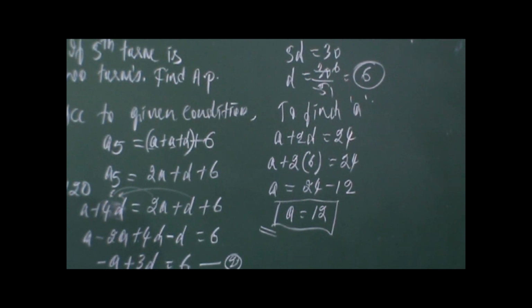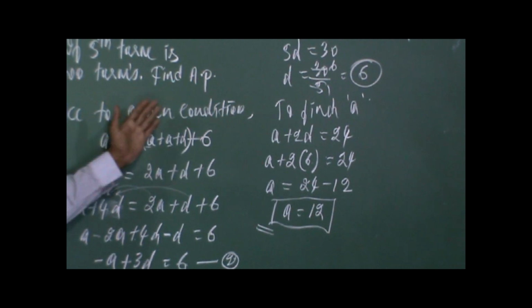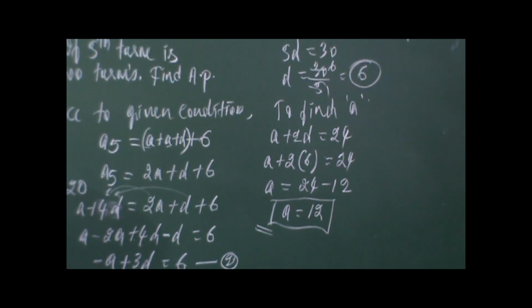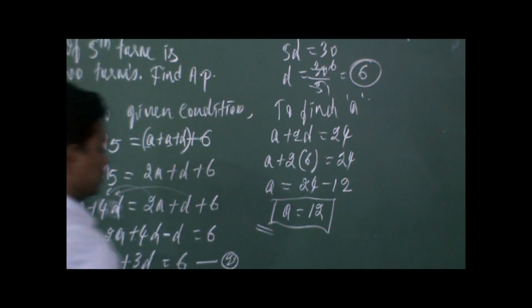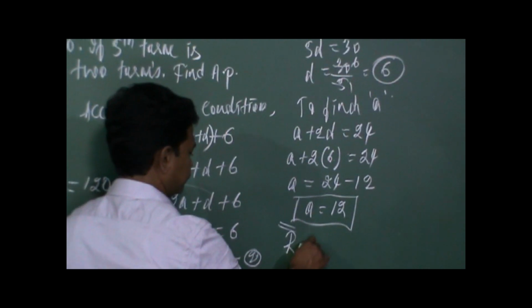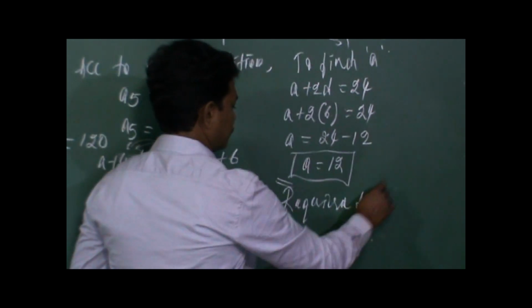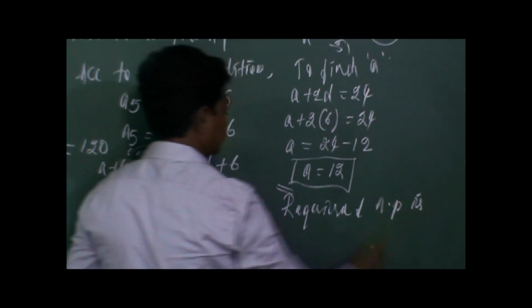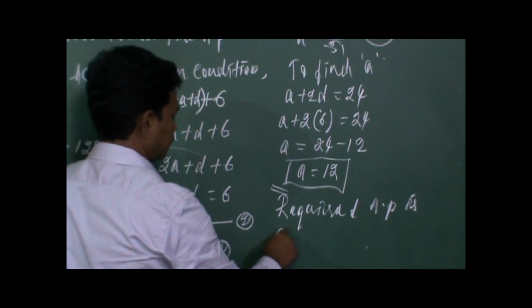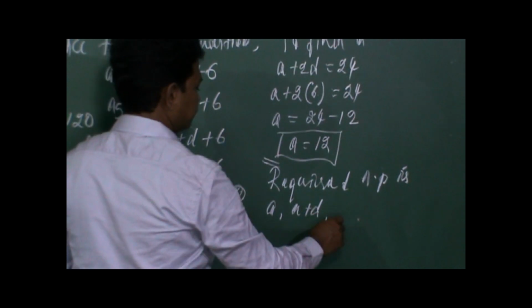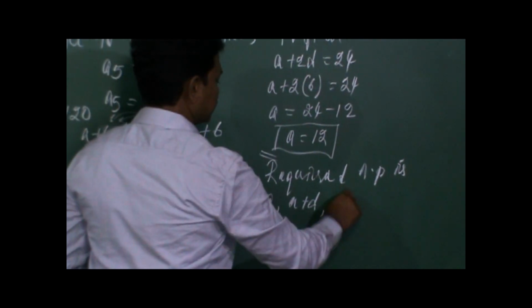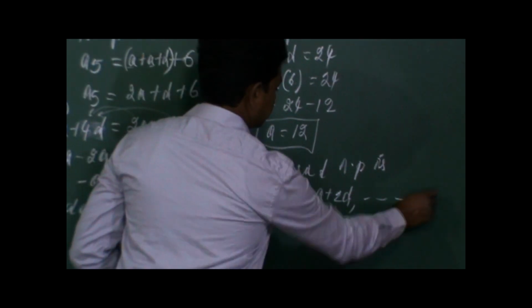Now we have to reach the AP, because in order to find the AP, we need the first term and the common difference. The general form of the required AP is A, A plus D, A plus 2D, and so on.